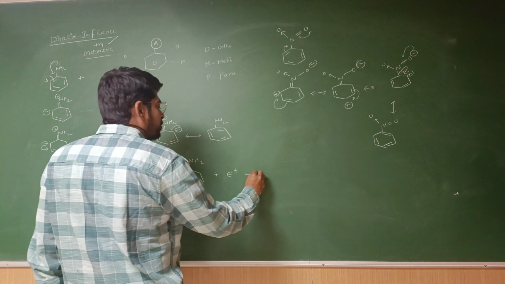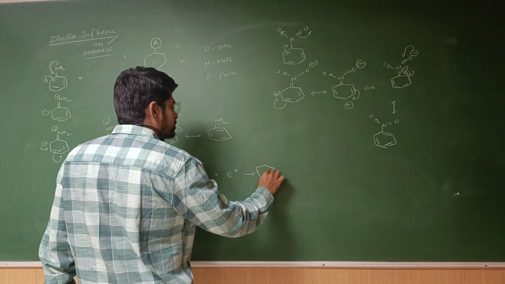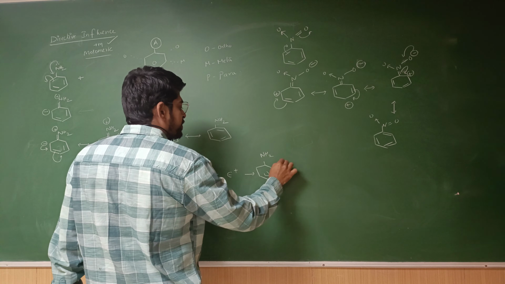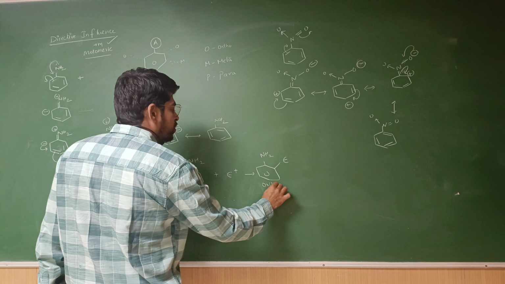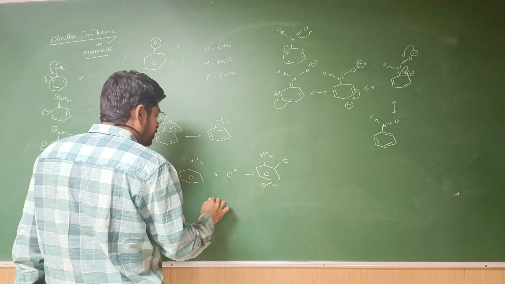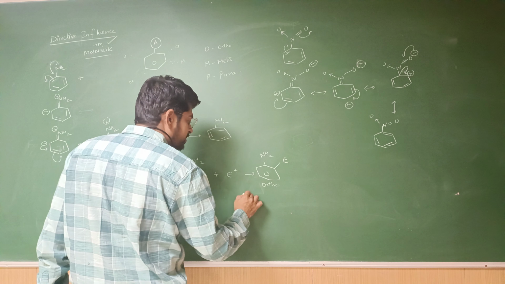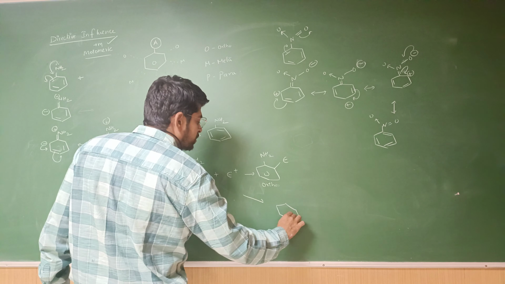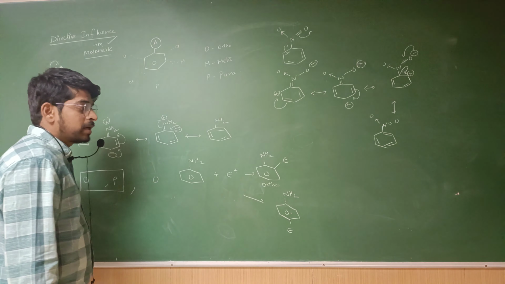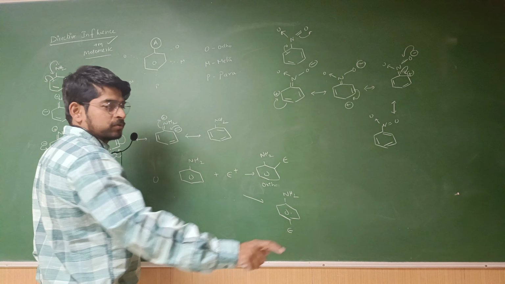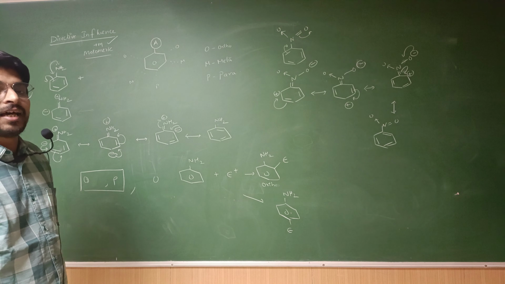So the electrophile might attach and form a product like this. That is the ortho product. Or the electrophile might attach and form a product like this. That is the para product. But the electrophile will never attach at the meta position as long as it is an NH2 group.